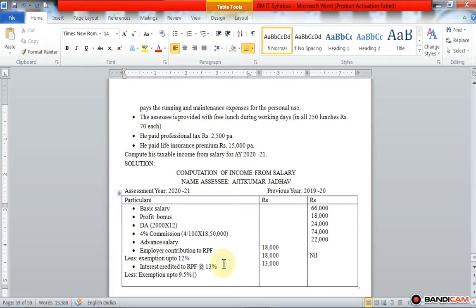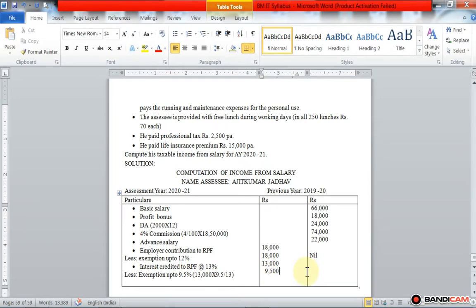Here, 13,000 multiplied by 9.5 divided by 13 gives 9,500. 9,500 is the exempted interest and the remaining balance is taxable.